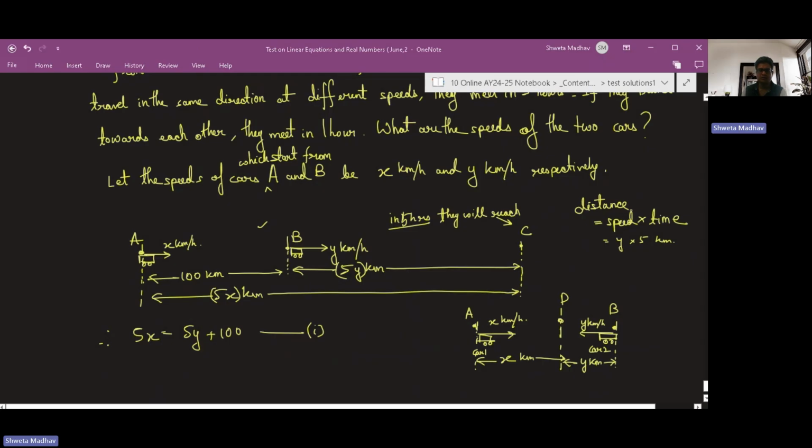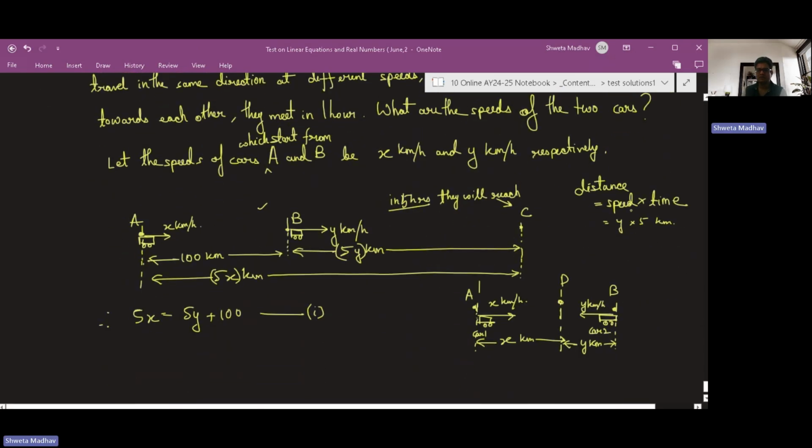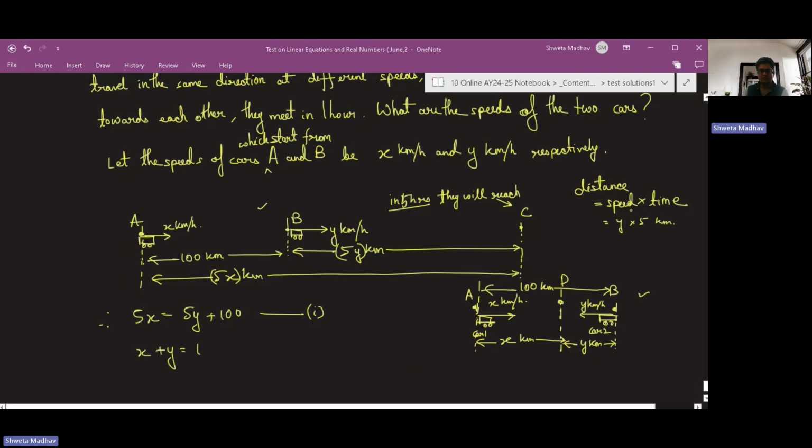And it has been also told that the distance between places A and B is 100 kilometers. So this length AB is 100 kilometer. So from this diagram, we can see that x plus y equals 100. So this is our equation 2.